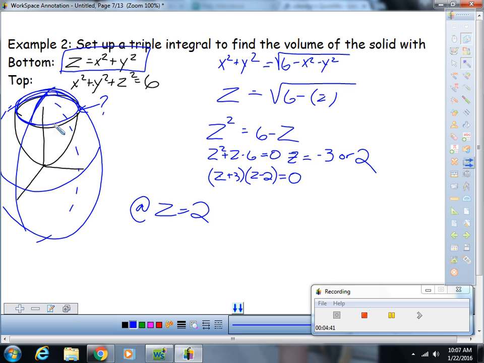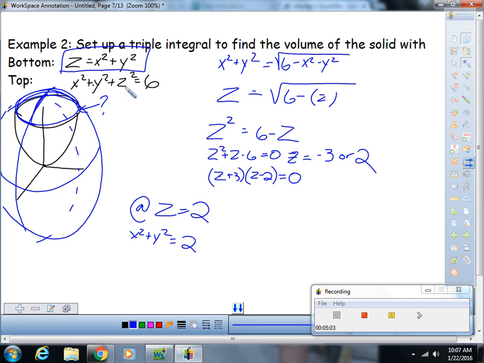Okay? So, take z equals 2 and plug it in for this, and what do you get? Now, plug it in for this one. You better get the same thing because we just set them equal to each other and solved for it. But do you? Yes, you do. You get a 4 here, and you get x squared plus y squared equals 2.